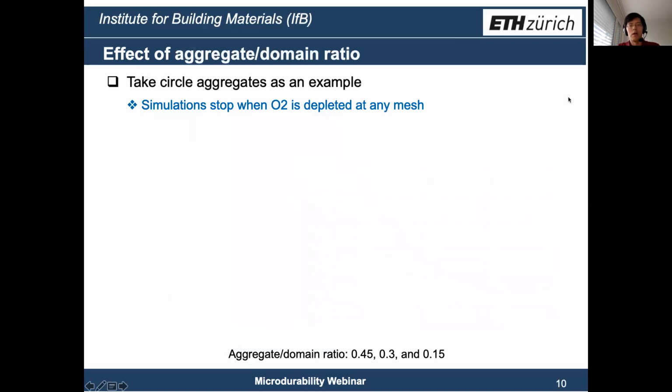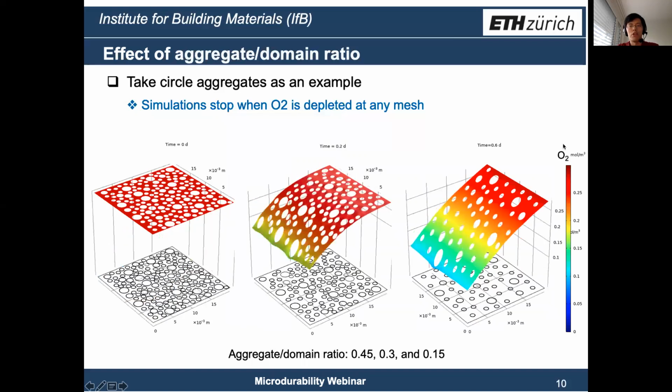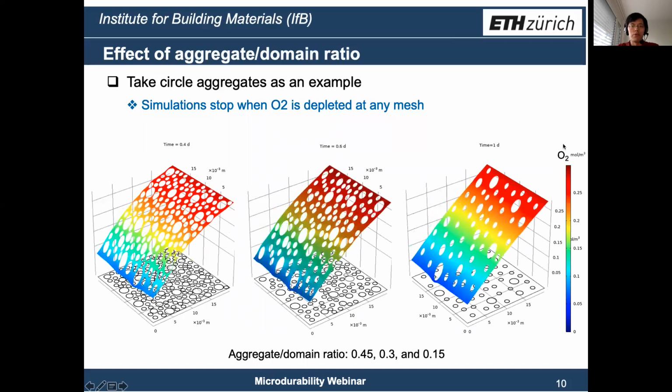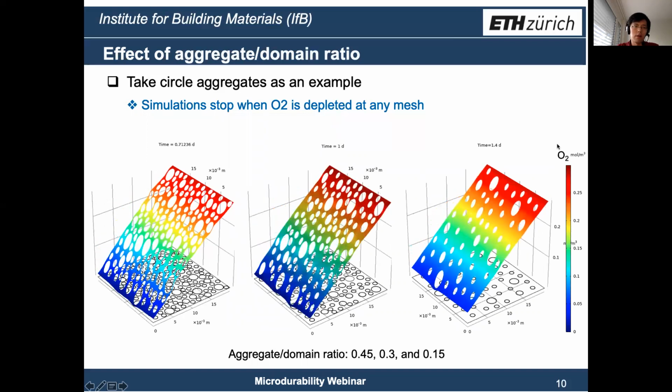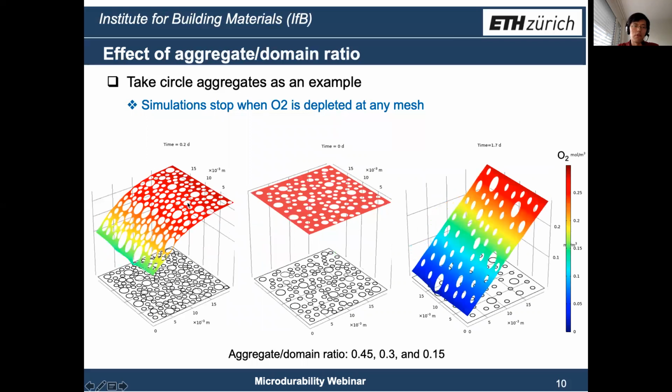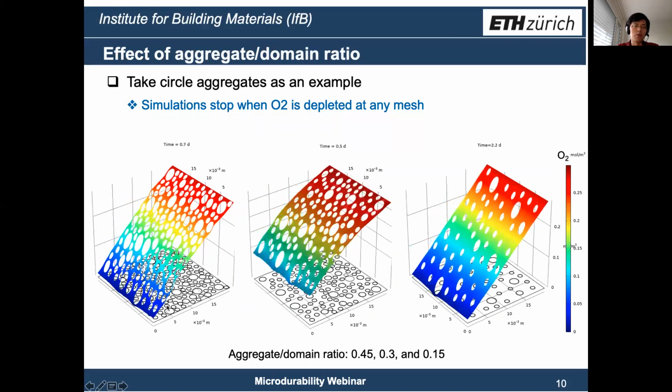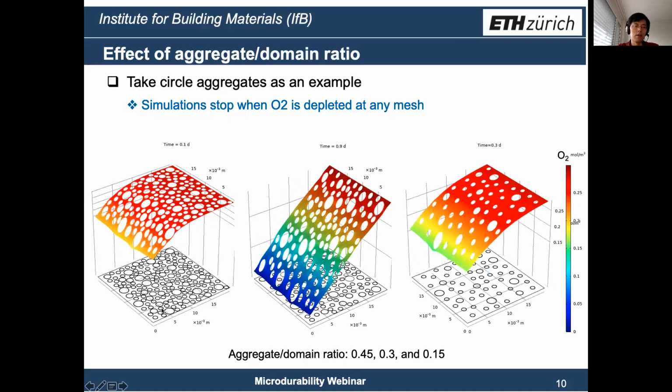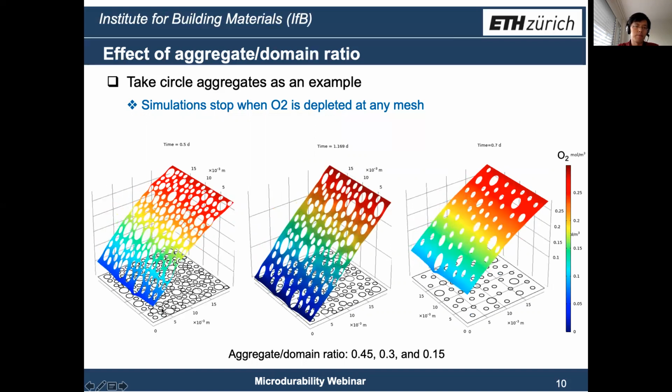First, let's see the effect of aggregate fraction on corrosion product transportation and precipitation. So we compare three cases here. The animation shows the oxygen level of three cases. We can see for the high aggregate domain ratios, the oxygen depletion happened earlier.